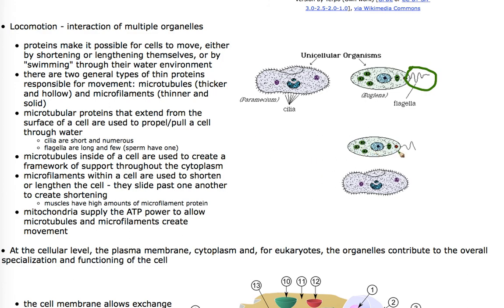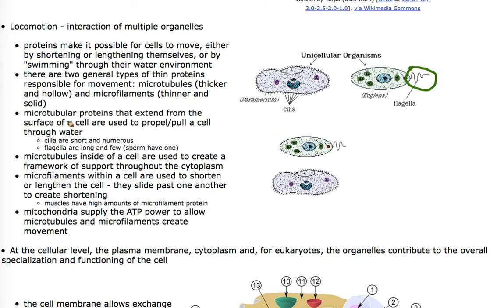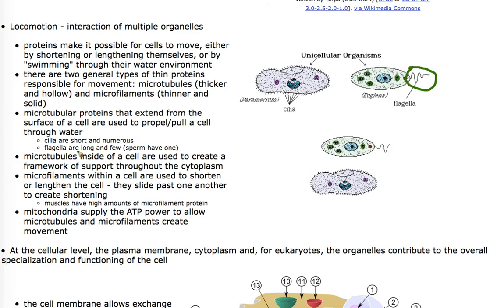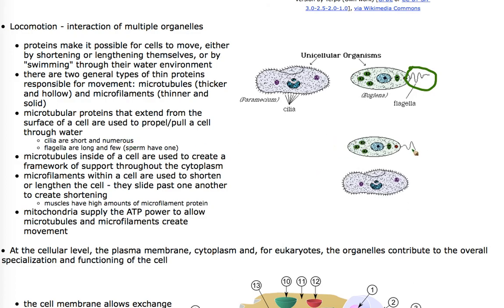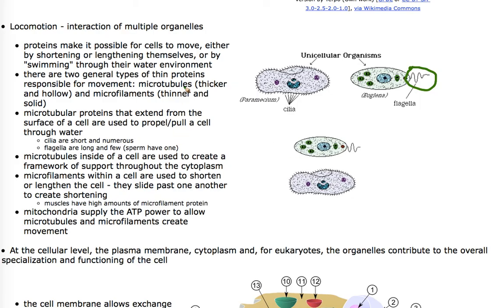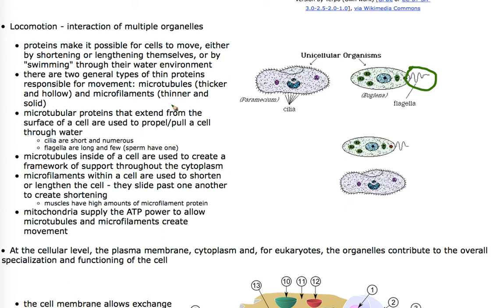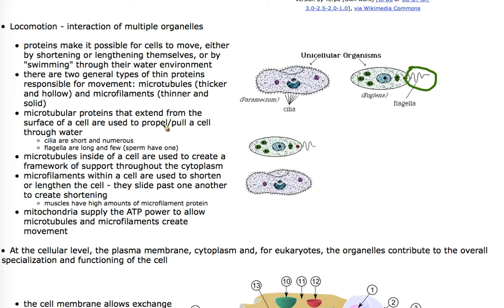Sperm push with their flagella. Lots of unicellular prokaryotes pull with their flagella. So the difference is cilia are short and numerous, flagella are long and few, and they both are made of microtubules, which are hollow pipes constructed of microtubes, which are able to then bend and propel the cell through the water.